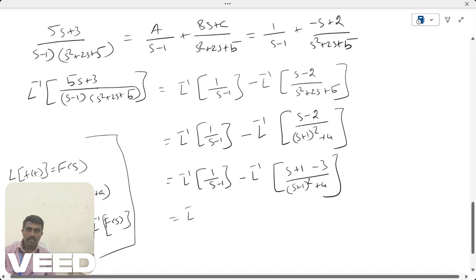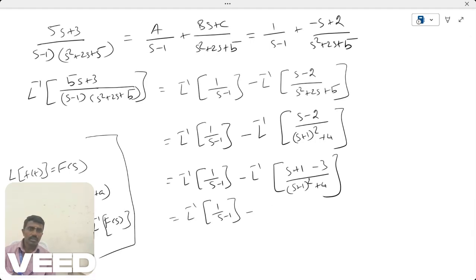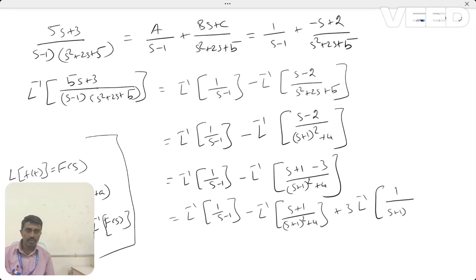Again using the linearity property, you make it L inverse of s plus 1 divided by (s plus 1) the whole square plus 4, plus 3 L inverse of 1 by (s plus 1) the whole square plus 4.